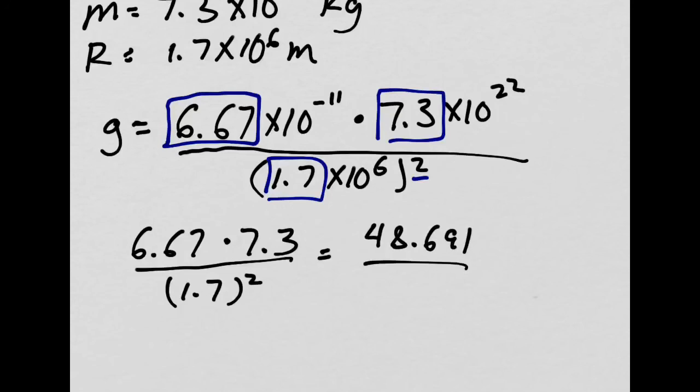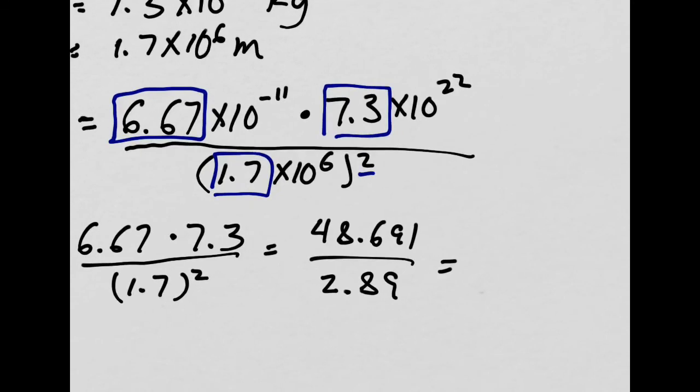And then we divide that by 1.7 squared, which is 2.89. So if we divide 48.691 by 2.89, we get 16.84 as our prefix.